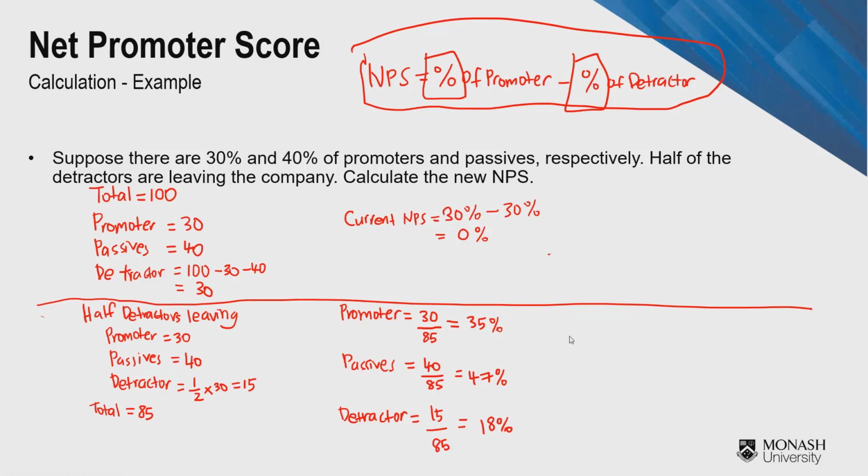So as you can see, these are our percentages. So our new Net Promoter Score will be your percentage of promoters, which is 35%, because now it's inflated, minus 18%, which gives approximately 17%.